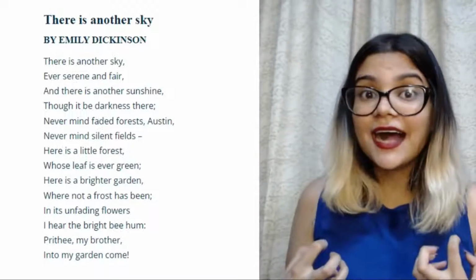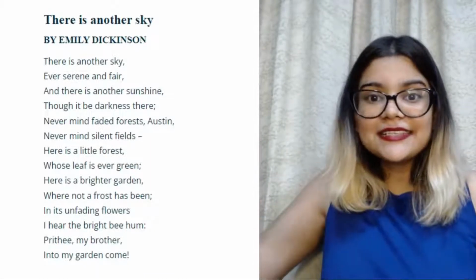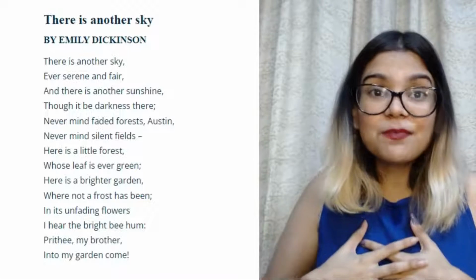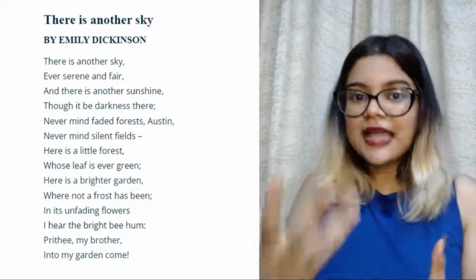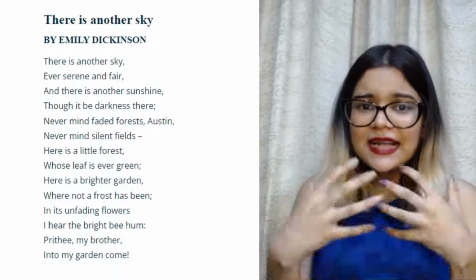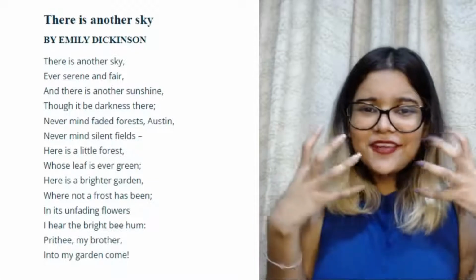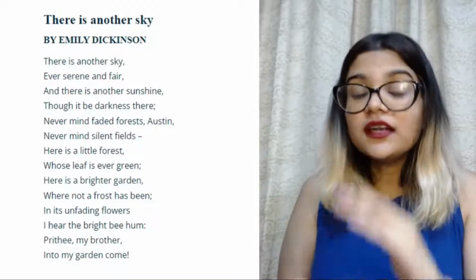This is a brighter garden, brighter than the one outside, brighter than the physical garden, brighter than Boston. This is my little forest. This is my little forest of love. That is what Emily is telling her brother. She also says that the world that I have is so filled with love that there is not a frost.